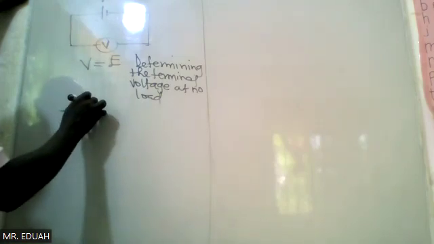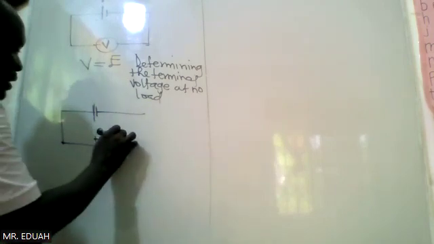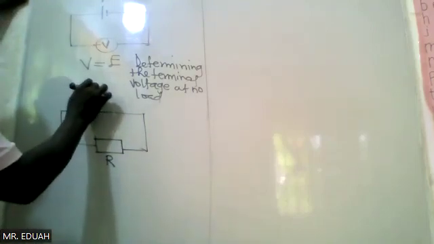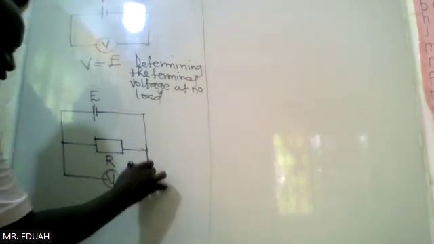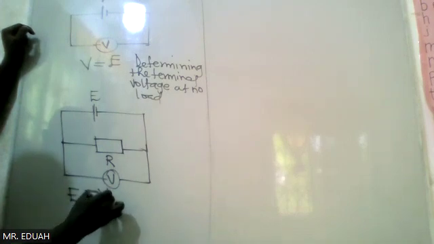Now, when you connect an external resistor R within a circuit, and then you connect a voltmeter across the resistor, you realize that EMF is not equal to the terminal voltage across the voltmeter.